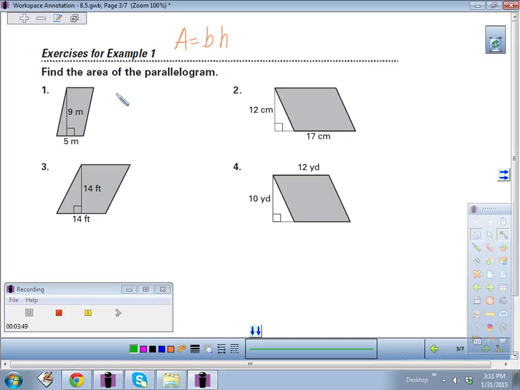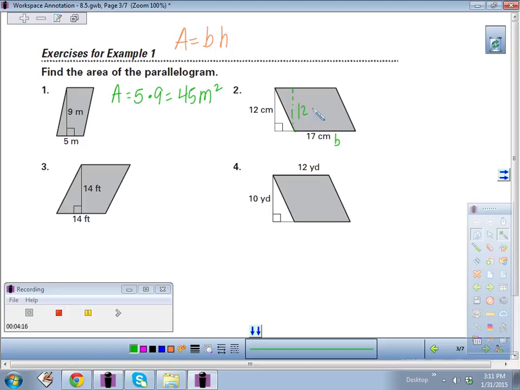So for number 1, the area would be base being 5. The height always forms a right angle with that base, so it's 945 square meters. Number 2, the base is 17. The height, notice how they label the height on the outside. It's still the same as if we were to label it on the inside as well.